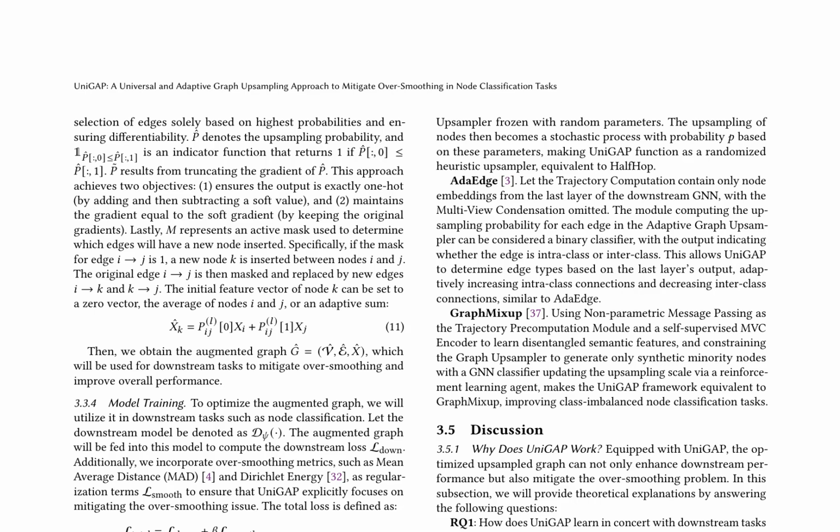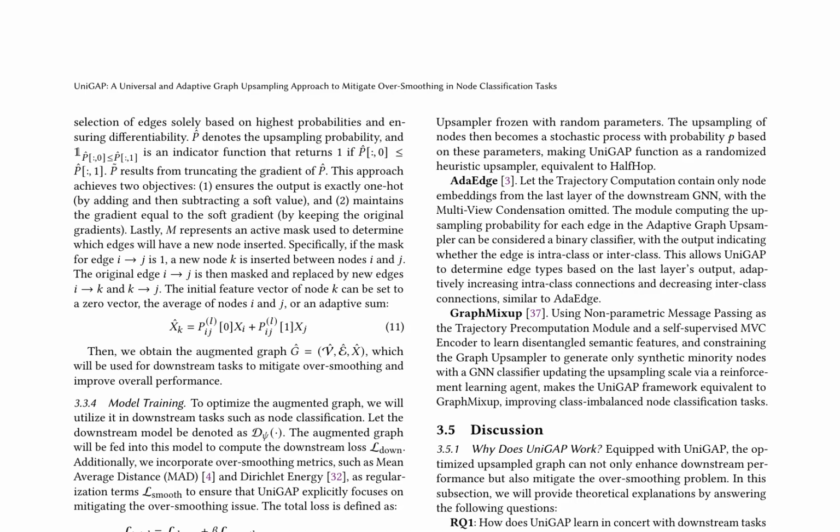The UniGAP framework is a universal and adaptive graph upsampling approach designed to mitigate oversmoothing in node classification tasks. It achieves this by learning the optimal structural representation for downstream tasks through optimizing the upsampling probability and the downstream model's parameters in an end-to-end manner.